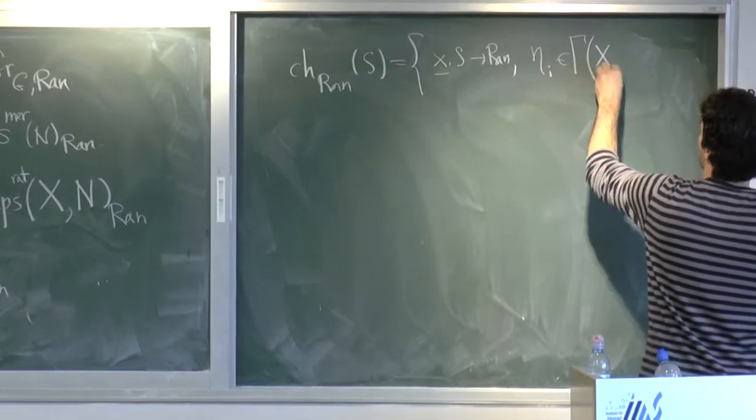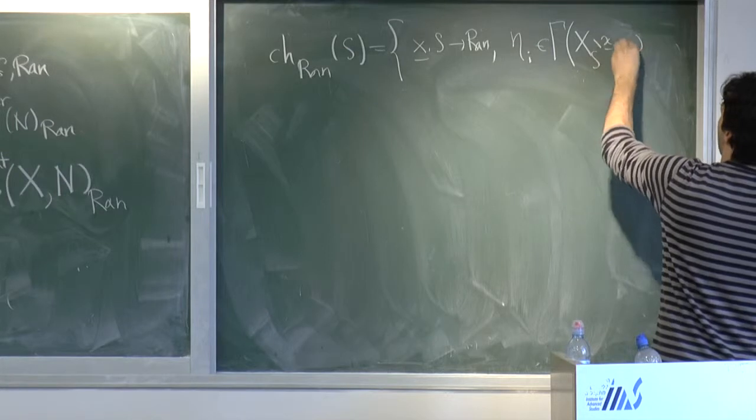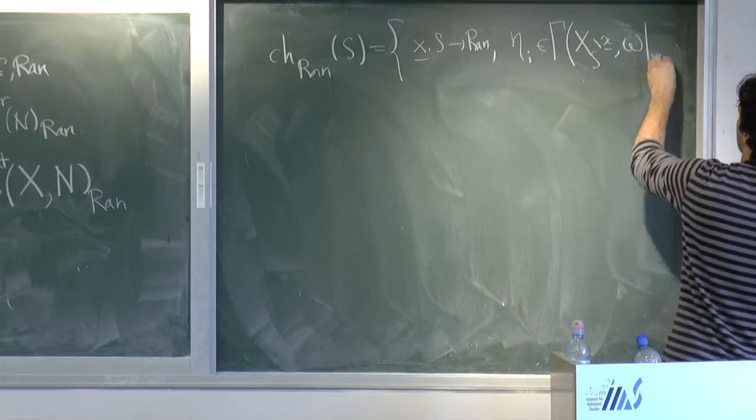So it's a global section of omega restricted to X_S minus x.